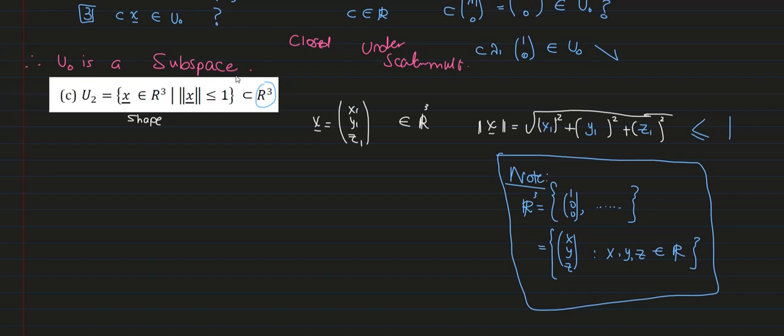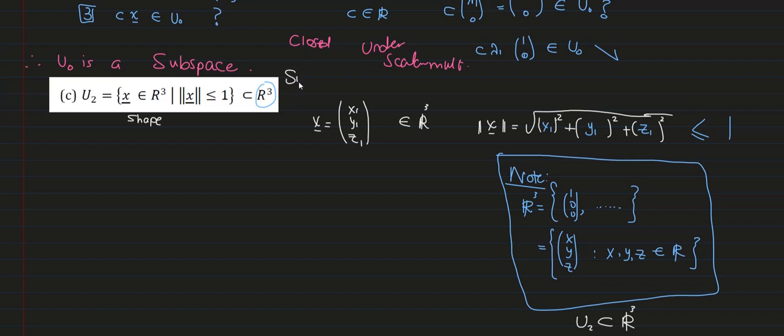Now let's get back to our problem, which indicates that we have U2. U2 that we are speaking about now is only a subset of R3. So it includes some of the elements that are in R3, only some subset. We need now to test whether this subset is a subspace or not.